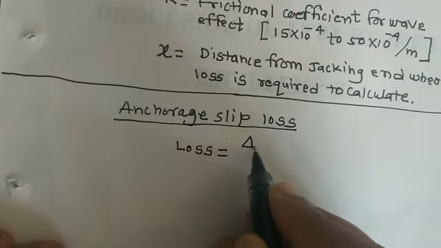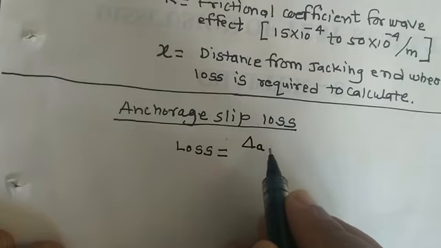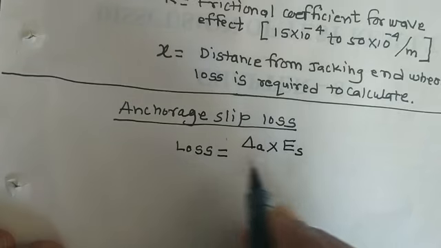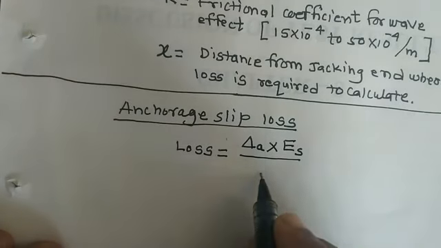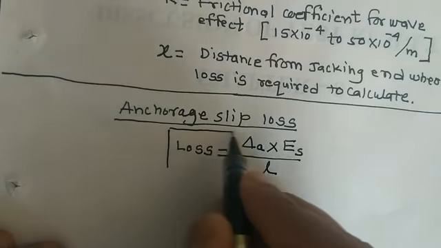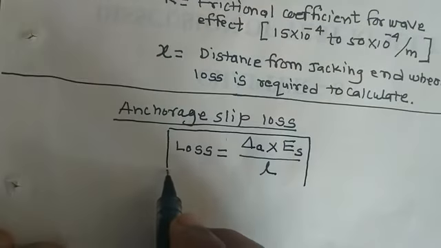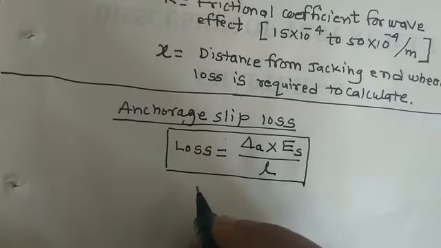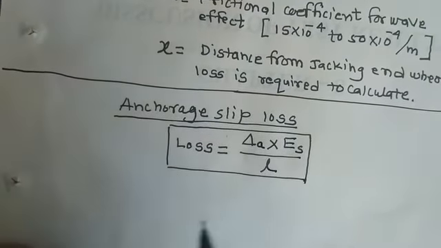Loss is equal to del A into ES divided by span of the beam. Using this formula, you can find out the anchorage slip loss.